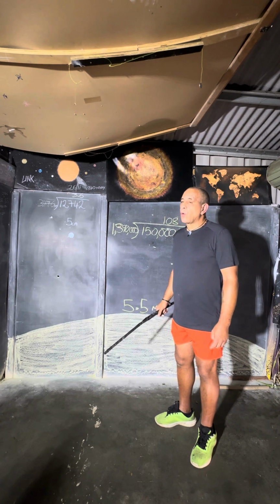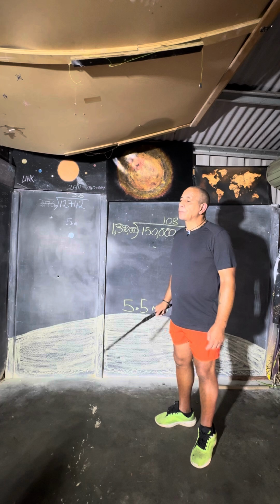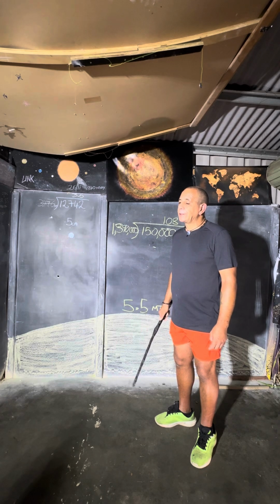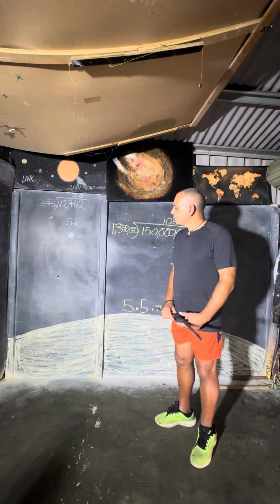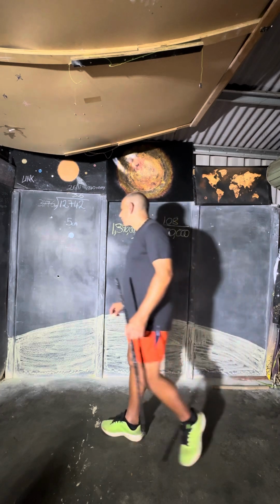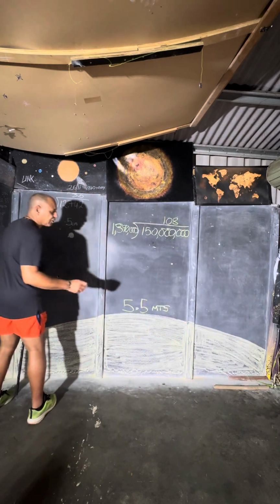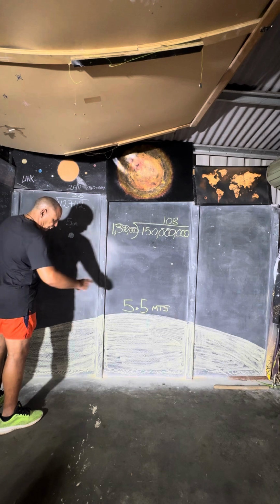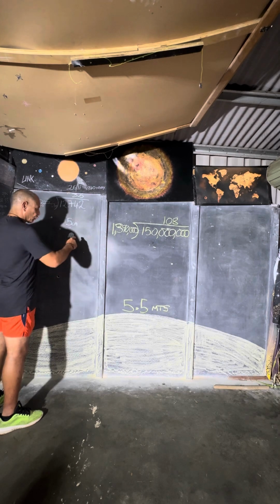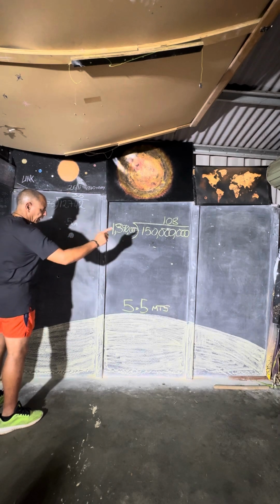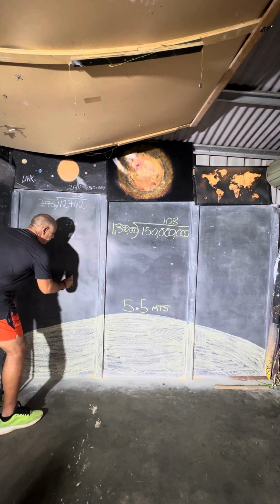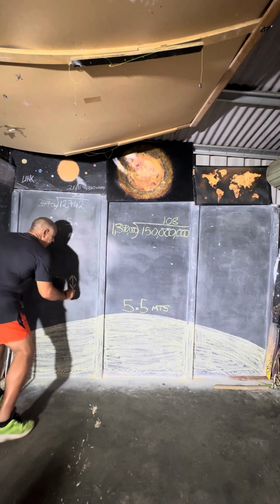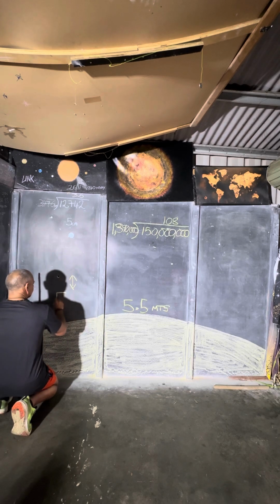Alexa, what's 5.5 meters multiplied by 108? It's 5.5 meters times 108 is 594 meters. So the actual distance that this sun would be away from this to-scale Earth and Moon would be 594 meters.